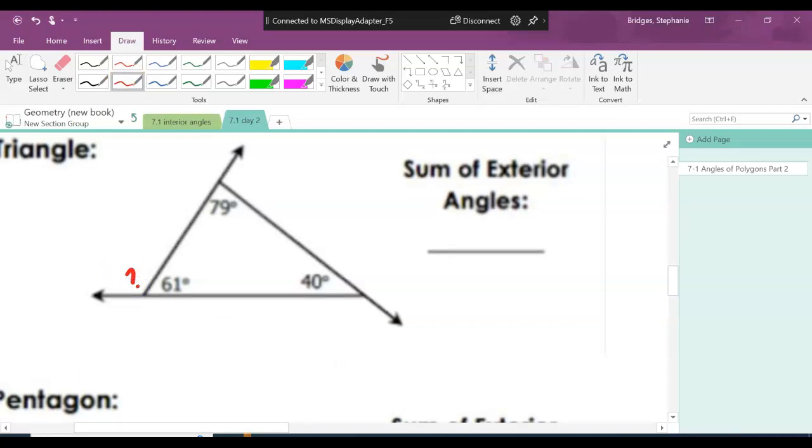We just said that it is supplementary to its interior angle. So I'm going to take 180 and subtract that interior angle, which gives me how much? 119. Okay, so that's 119.